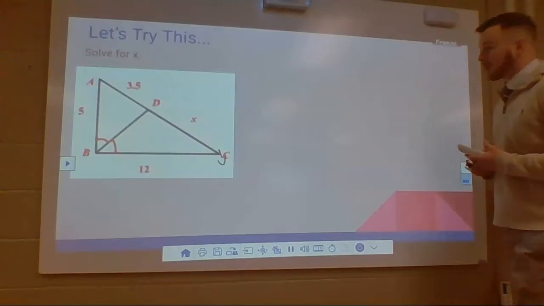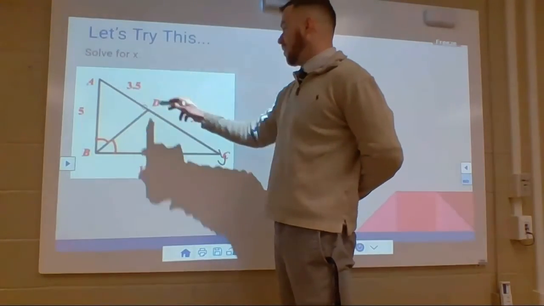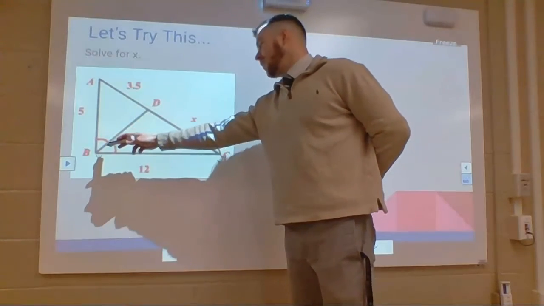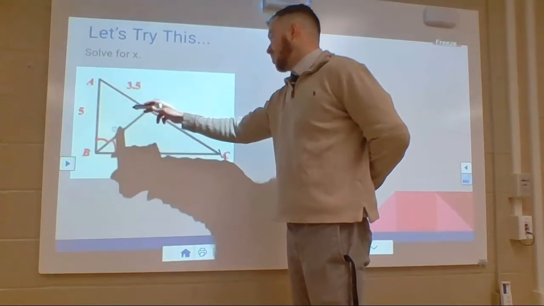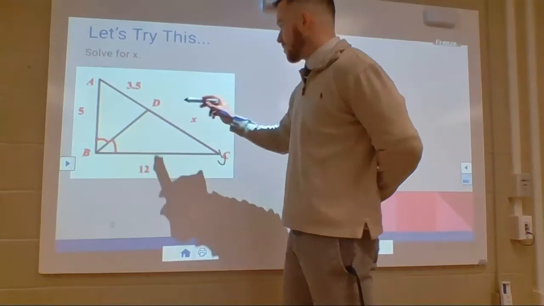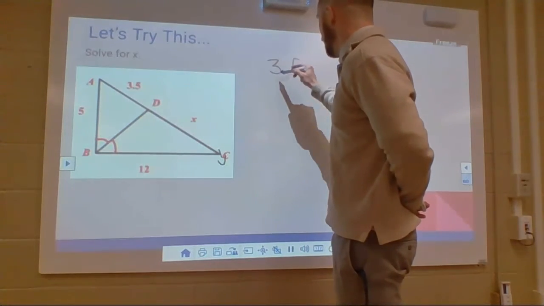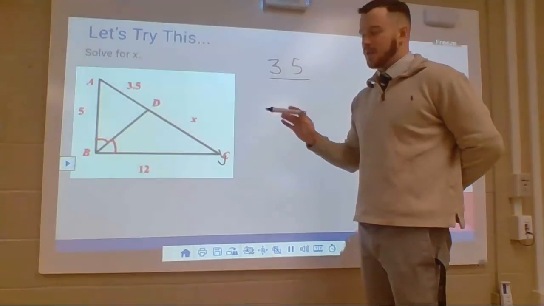So now let's work a problem with this. Okay, so I'm going to solve for X. So I see that we've got that angle bisector here, so it's going to divide these triangles proportionally. So I'm going to put 3.5 here. There's multiple ways you could set this up, so this is just one way.